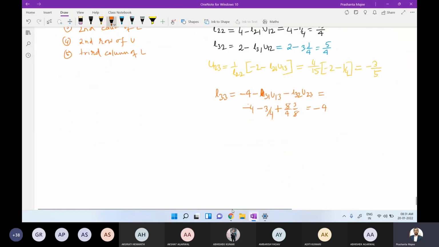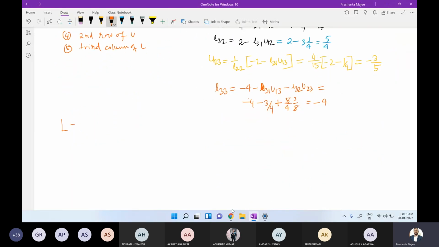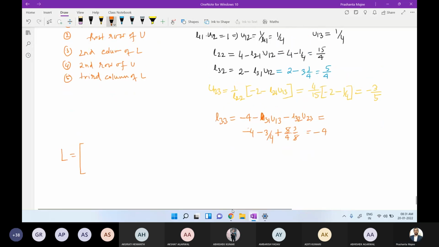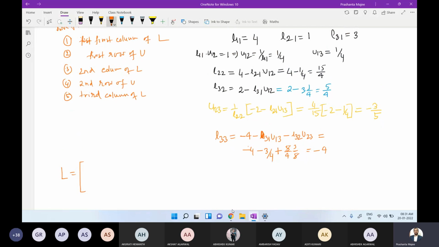So now you have obtained the U matrix and the L matrix. What is L here? L11, L21, L31: 4, 1, 3. Next L22: 15 by 4. Then L32 is 5 by 4. Then 0, 0, minus 4. This is the L matrix.